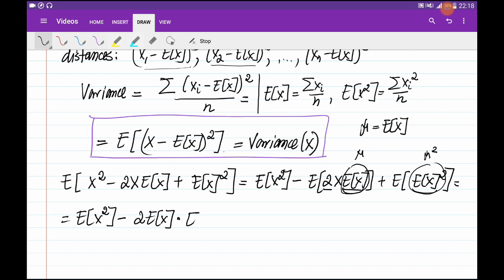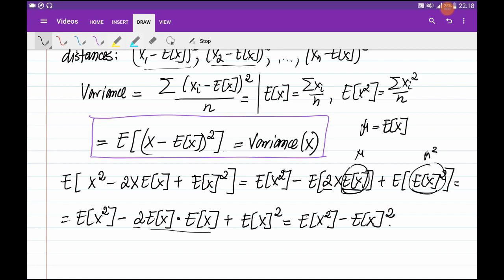What is left is simply x inside the brackets of the expectation. Plus the expectation of a constant is simply the constant, which we proved previously, so the expectation of x squared. So we have minus 2 times the expectation squared plus 1 expectation squared, which will be minus 1 expectation squared. So we've got the simplified formula, which is the expectation of x squared minus the expectation of x, squared.